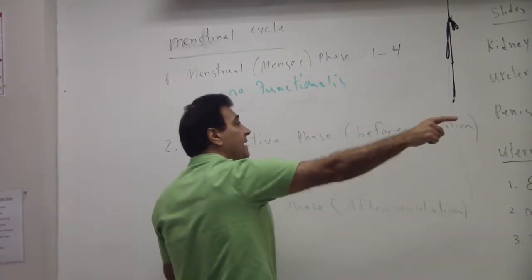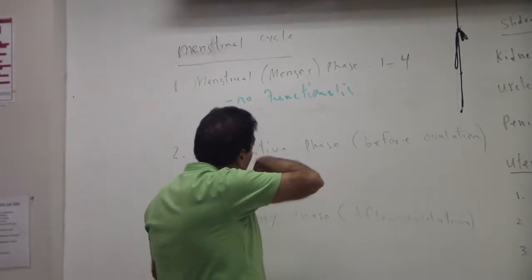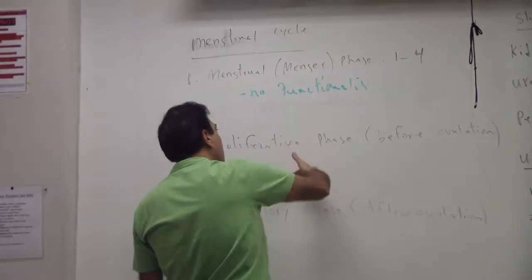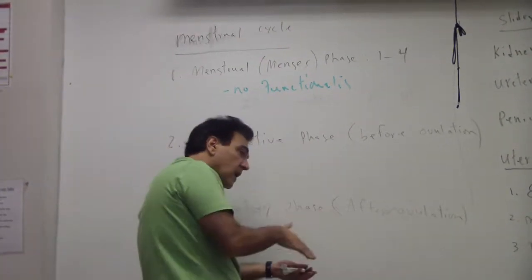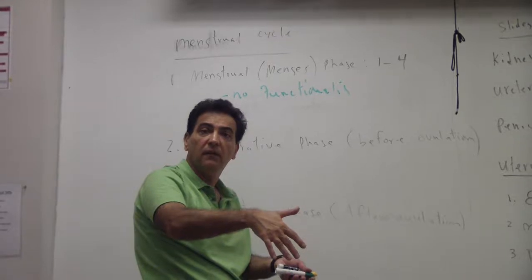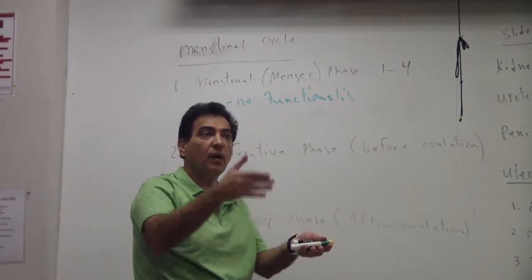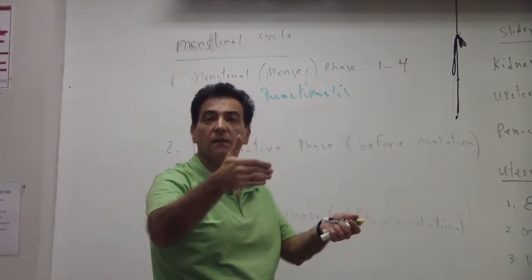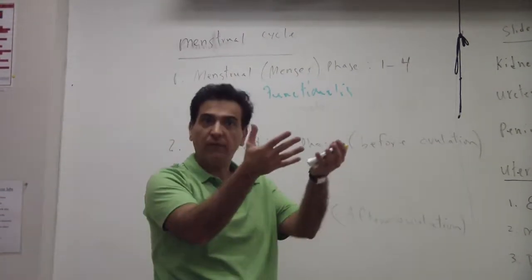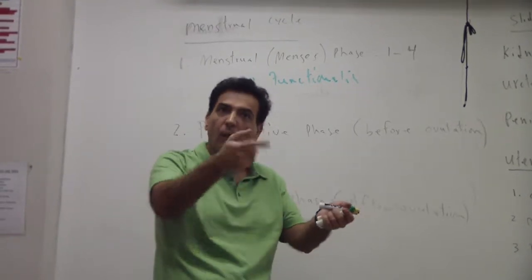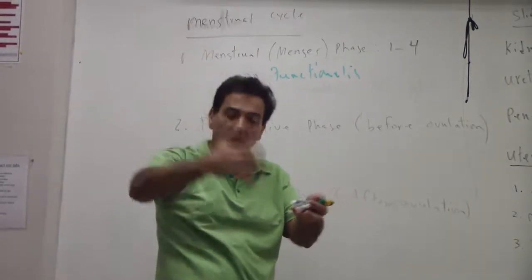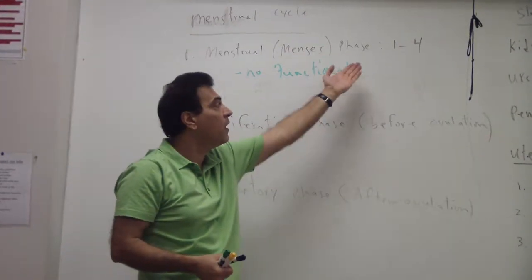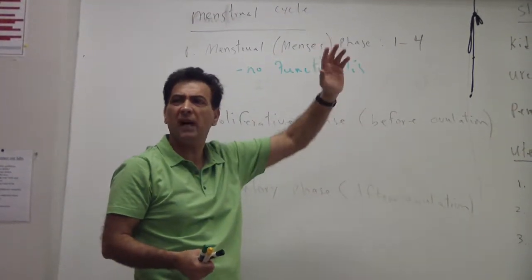So when we look at the slide, the way we differentiate the menses phase from the others, we see that the functionalis starts what? It starts shedding off. But first we have to say, where is the functionalis, where is the basalis, where is the myometrium? First we have to do that, so that way we know what the functionalis is, and that it's being removed and sloughed off. Then we call it what? Menses phase, which is day 1 through what? Day 1, day 5.